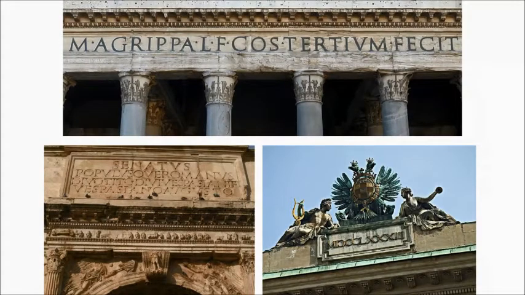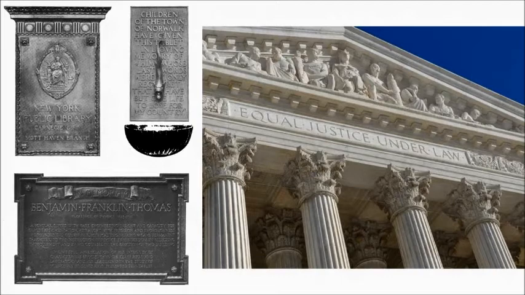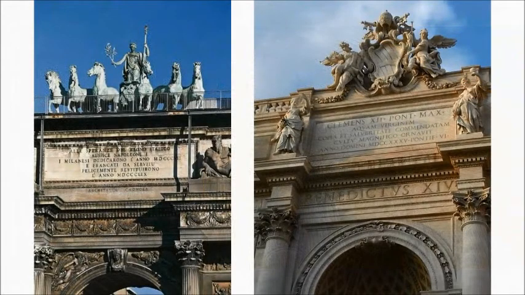We see other inscriptions about dates, words representing concepts and themes important for a specific building, like equality, justice under the law, or in monuments dedicated to a specific person, place, or event. Whether it's religious or political.